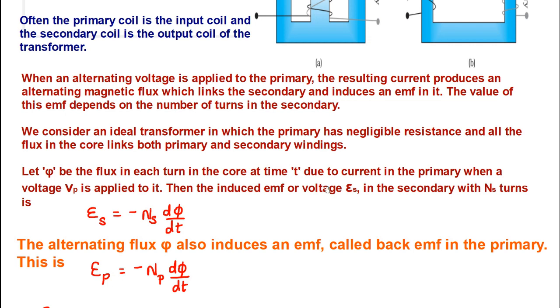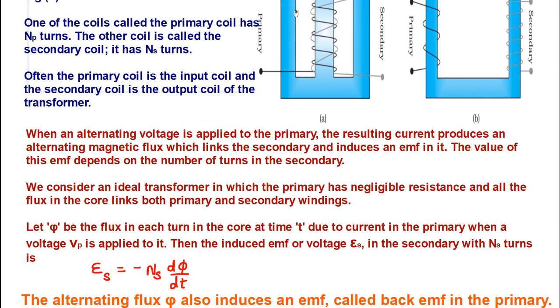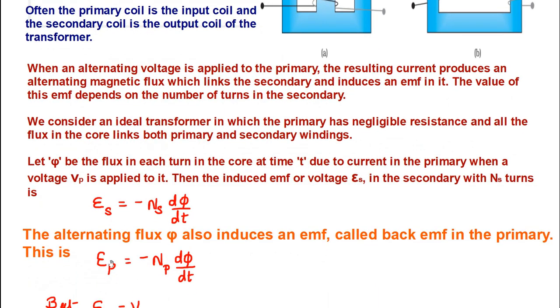The alternating flux phi also induces an EMF in the primary called back EMF, which is represented as Ep, that is equal to minus Np into d phi by dt, where d phi is the change in flux in time dt through the primary coil, which has number of turns Np.